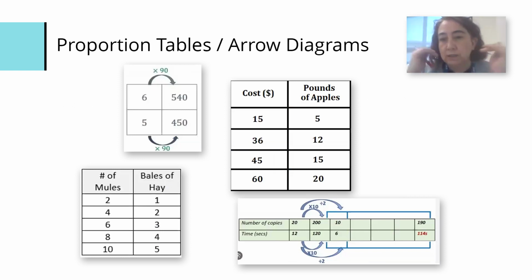So where I'm doing my first equality statement, £5 of apples equals $15, I make sure that I'm using the words pounds of apples and the dollar symbol, because otherwise students forget what it is. What does the 5 relate to? What does the 15? Oh, it's money, it's pounds, it's weight. So actually include the measures, the units.